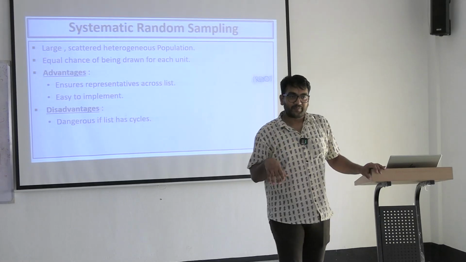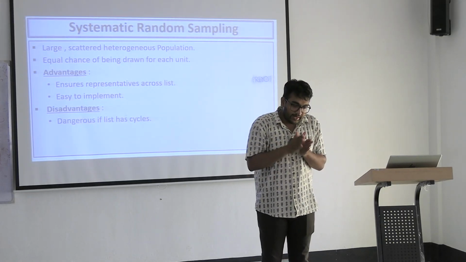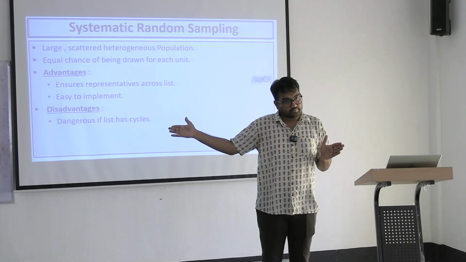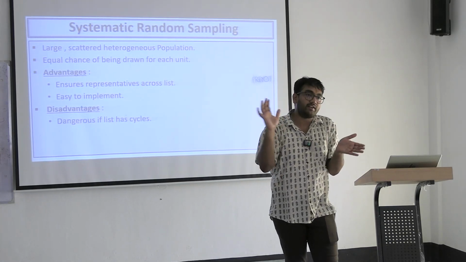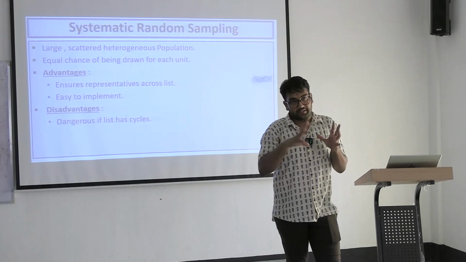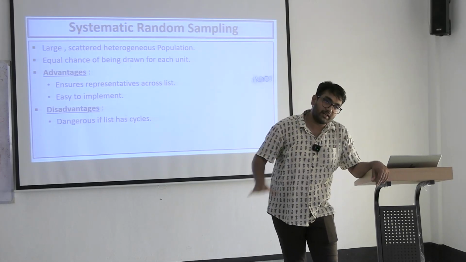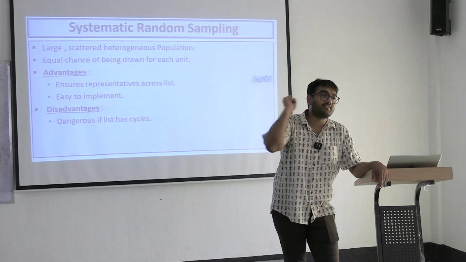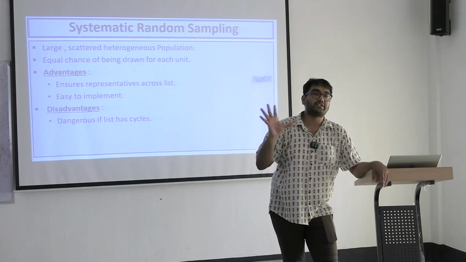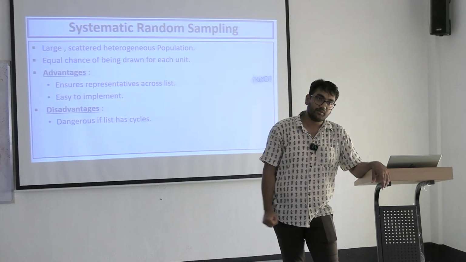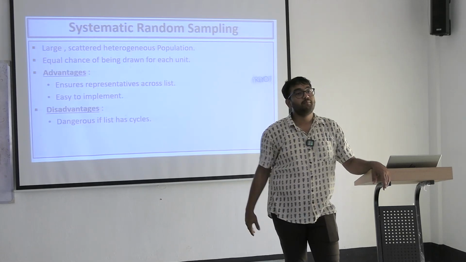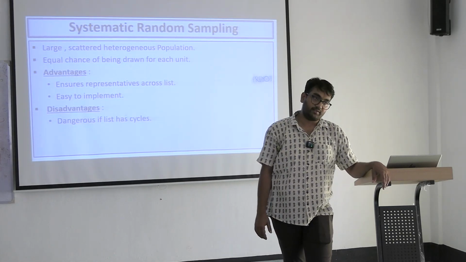That means at least one person between 1 and 40 I need to take. Which patient from 1 to 40 I take is decided randomly. So I generate a random number between 1 and 40.